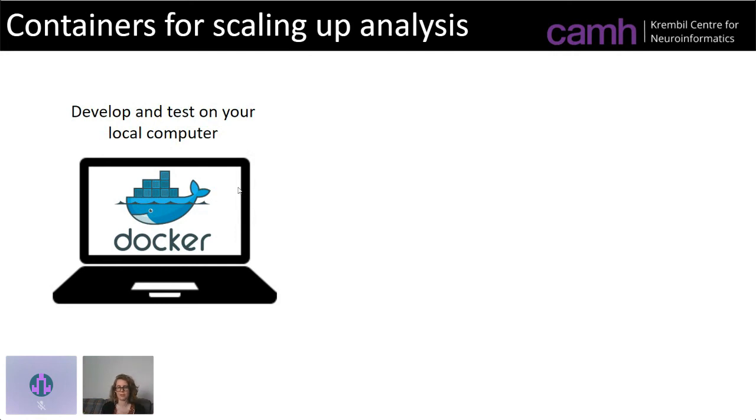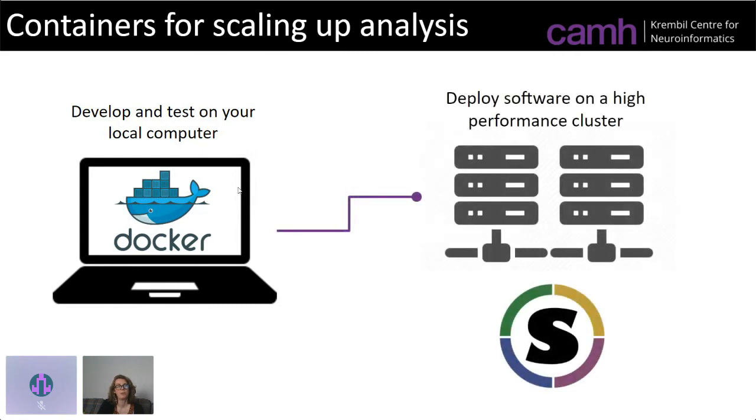You can test it with a little bit of example data on your local computer, but then when you want to scale up and you want to run that analysis on your entire group, you can convert that Docker container to a Singularity container and you can run it on a high performance cluster. So this means that, without having to develop everything specifically for a high performance cluster, you can move across multiple different high performance clusters.